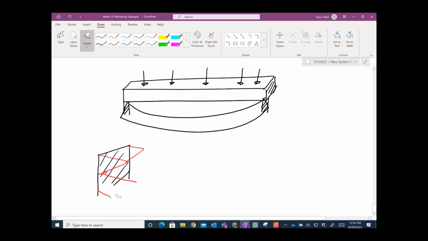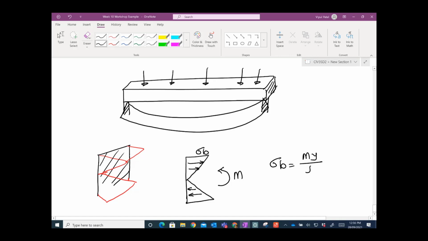I hope it makes sense. So you have this kind of bending stresses, right? This is, let's say, compression, and this, let's say, tension, right? And this is the moment applied. So the bending stress, sigma B, let's say sigma B equals My on I, right?